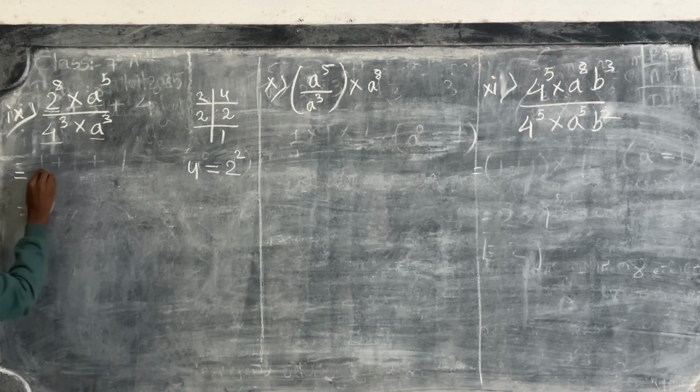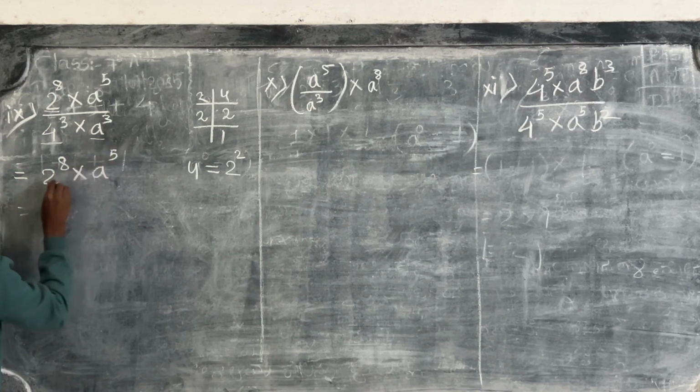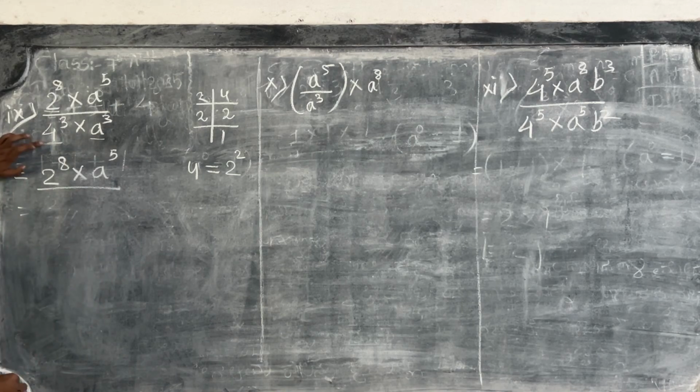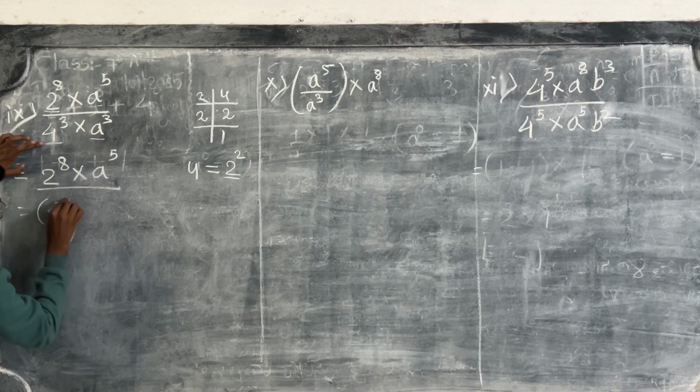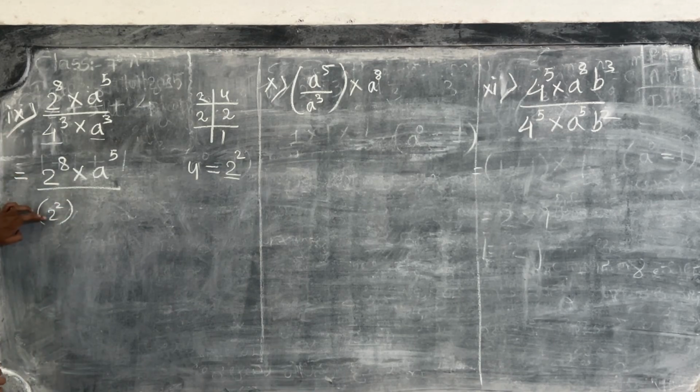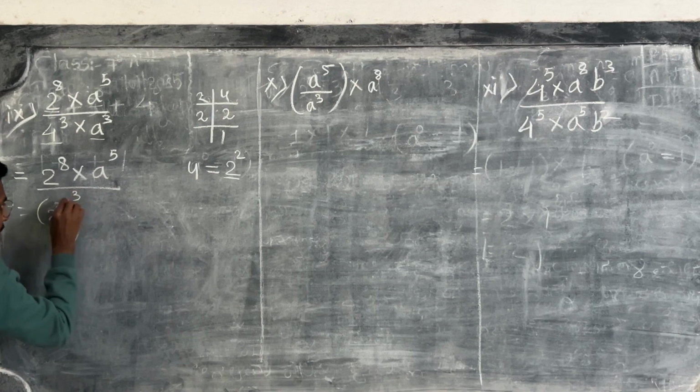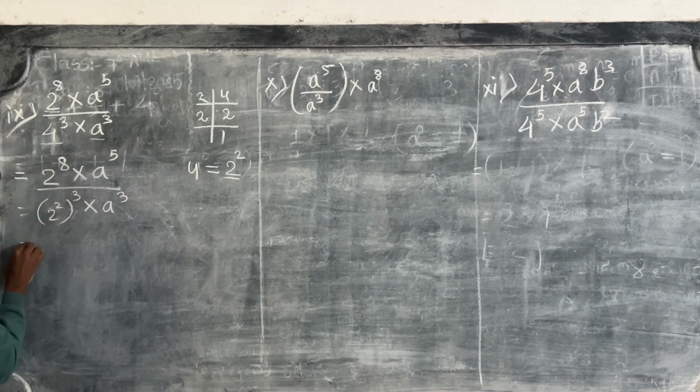So write first that 2 to the power 8 into a to the power 5 divided by, in the place of 4, I have to write 2 square. What is the power of 4 here? 3. So write the power of this 2 square is 3 into a to the power 3.